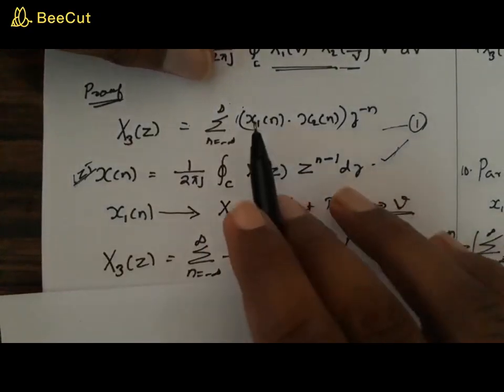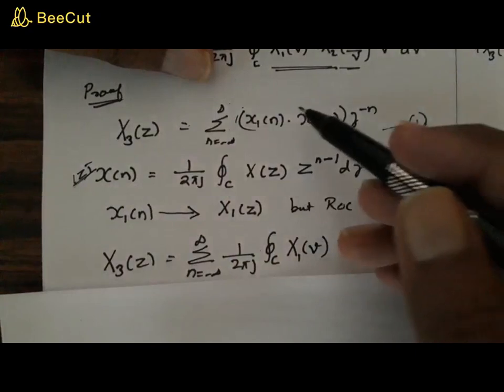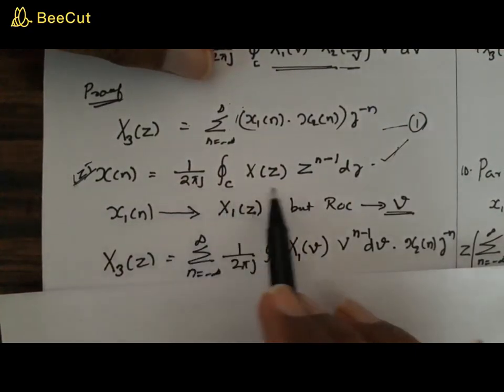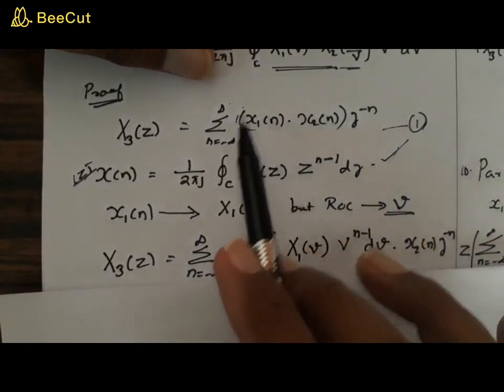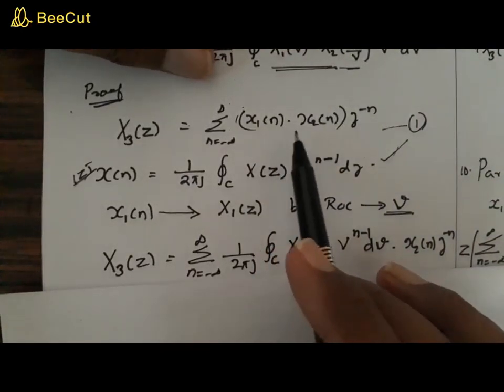In X3 of z, instead of x1 of n, we will express x1 of n using this expression; we will be substituting the inverse equation in the summation, right?